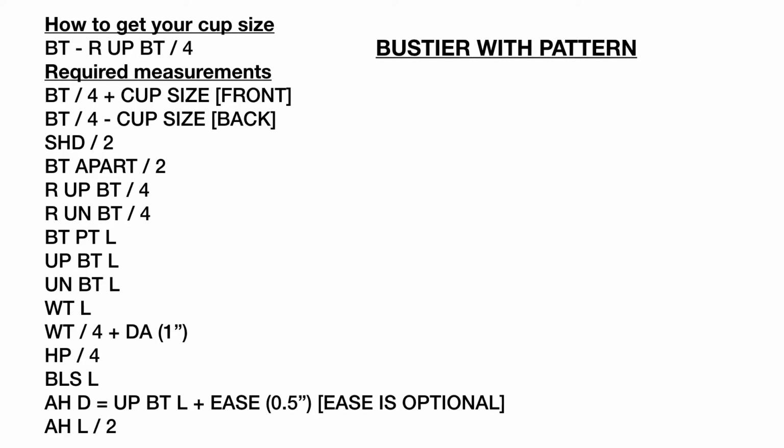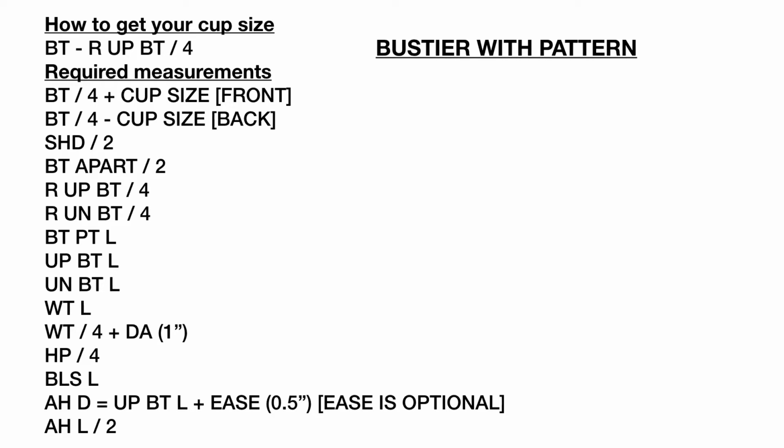The shoulder will be divided by 2, bust apart divided by 2, round upper bust divided by 4, round under bust divided by 4, bust point length, upper bust length, under bust length, waist length. Waist divided by 4 plus that allowance, 1 inch. Hip is divided by 4.